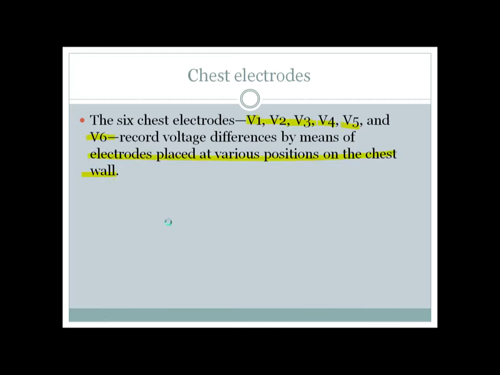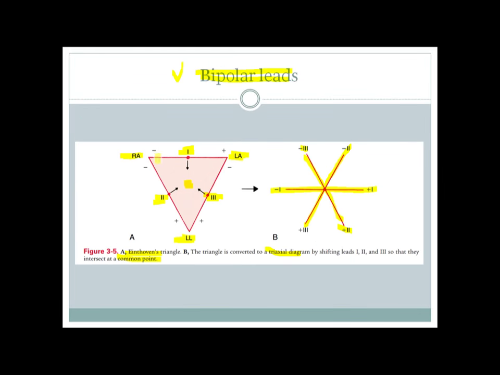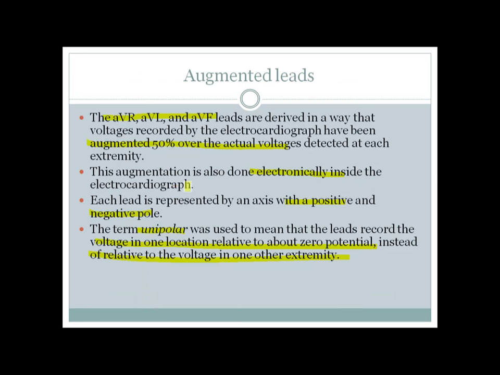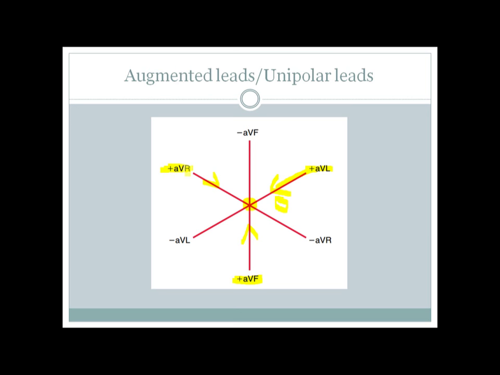So here you can see in this diagram, suppose this is the RA. In the case of AVR, the positive pole of AVR is here and the negative pole of AVR is here. So if this is the heart and this is the atrium, and the path of electrical activity is directed downwards, the depolarization wave is moving away from the positive pole, or towards the negative pole, and that's why it produces a negative P wave in lead AVR.